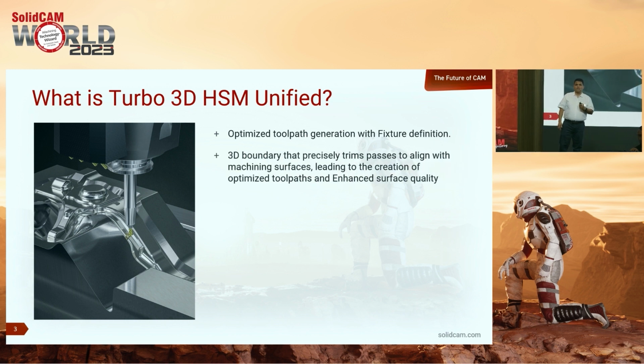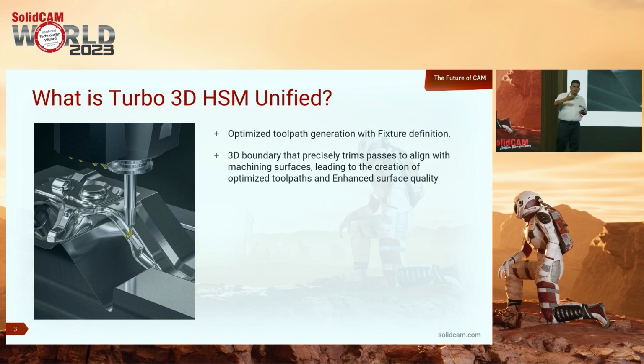This was something that was a learning for us. We thought that this was already there inside SolidCAM. But both our legacy HSM as well as our Turbo 3D HSM use what we call a 2D trimmer. We take the boundary of the surface, project it to a plane, and then look from the plane and trim the toolpath. This works very well when you have flat surfaces or near flat surfaces.